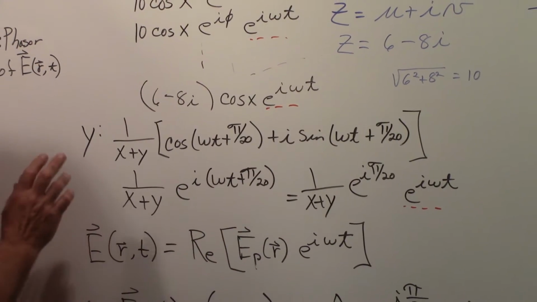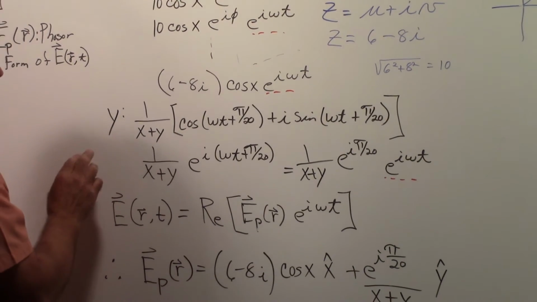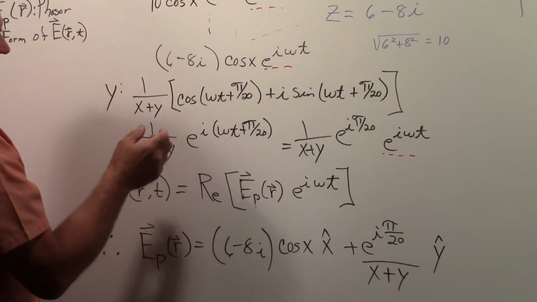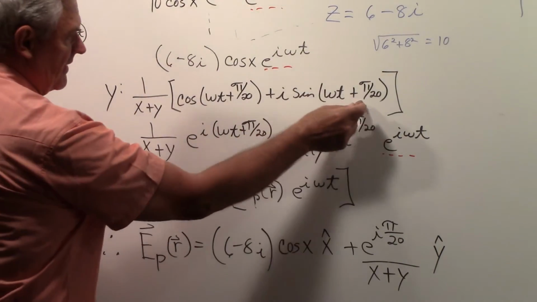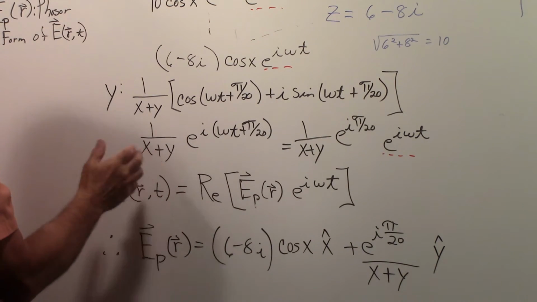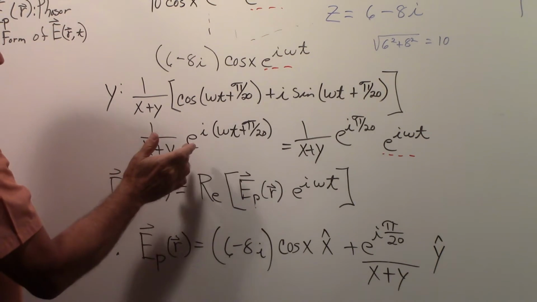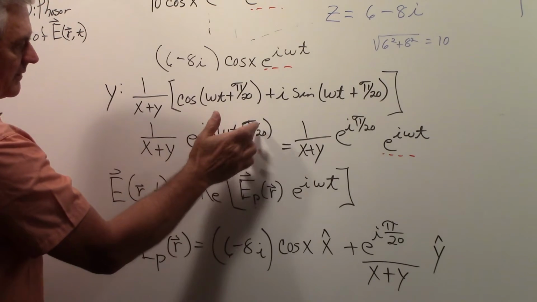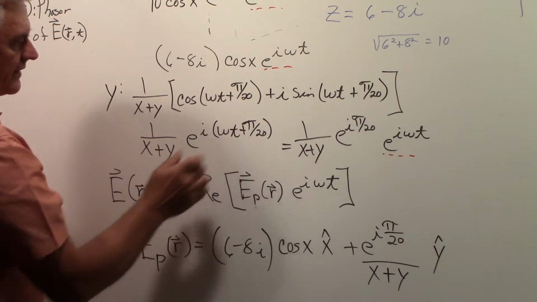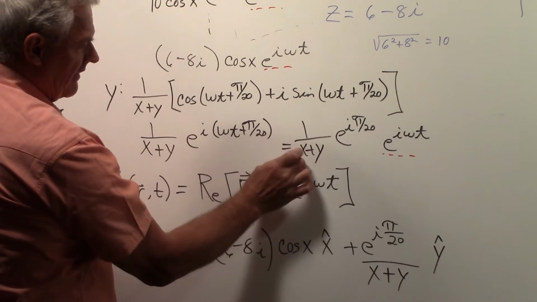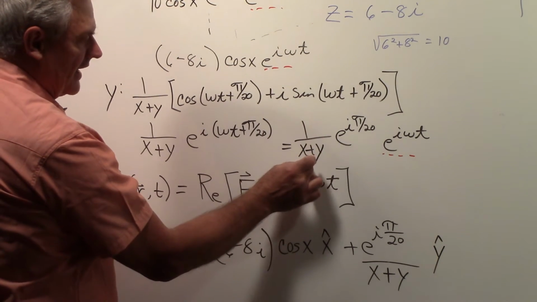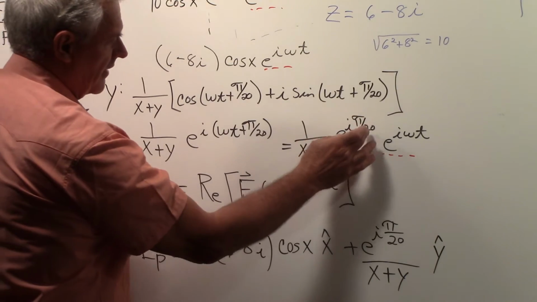Now we do a similar thing with the y component. We take what we have for the y component and we add in this imaginary part. That allows us to use Euler's formula to get an e to the I omega t plus pi over 20. And then if we expand that out, we'll get the factor out front, 1 over x plus y e to the I pi over 20.